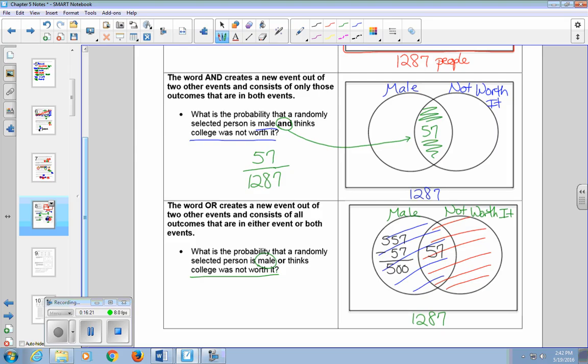Look over here, we know there were 104 people that said college wasn't worth it. We take off the 57 that were male, that leaves us with the 47 females. Right? So, we can either do what we did before, take 557 plus 104 minus the overlap.